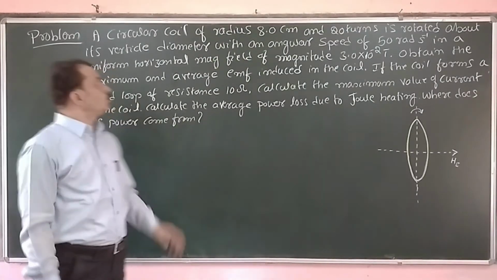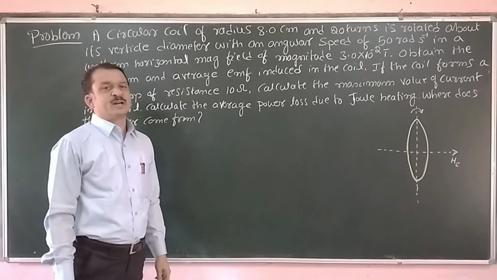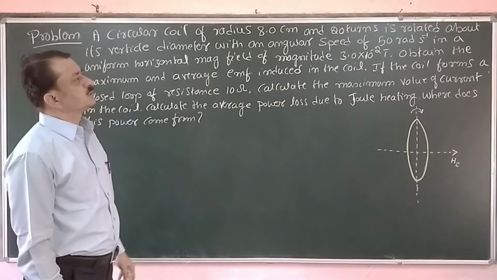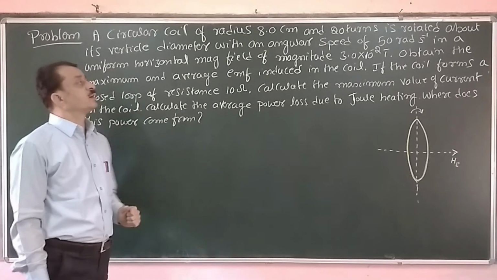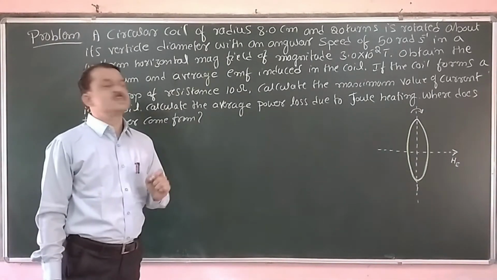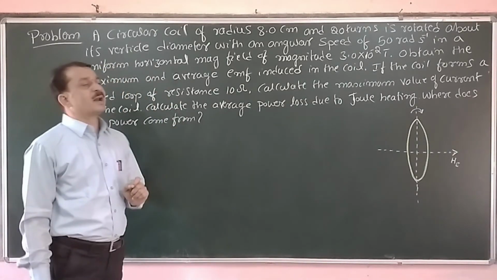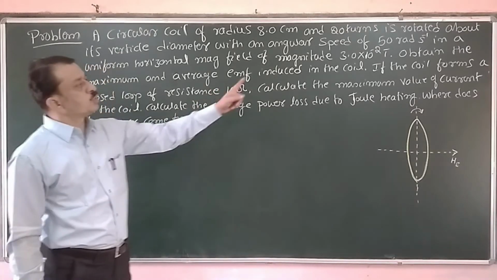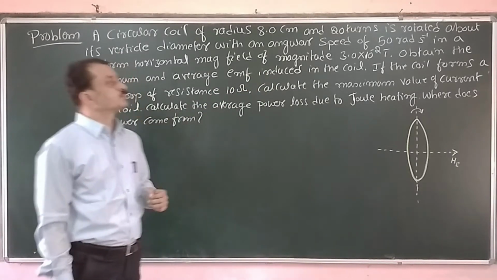Next problem. A circular coil of radius 8 centimeter and 20 turns is rotated about its vertical diameter with an angular speed of 50 radians per second in a uniform horizontal magnetic field of magnitude 3.0 into 10 raised to minus 2 Tesla.